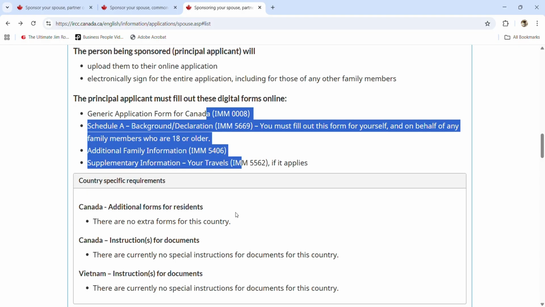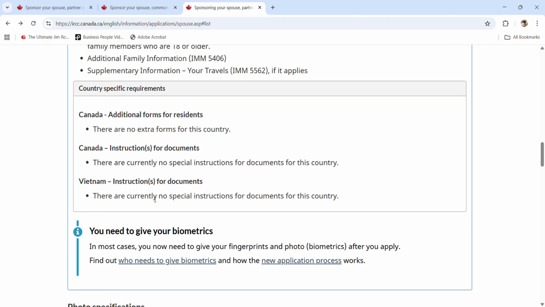In my country there are no special instructions for documents. Many other countries, for example China or India or Syria or Turkey, may have different special instructions.